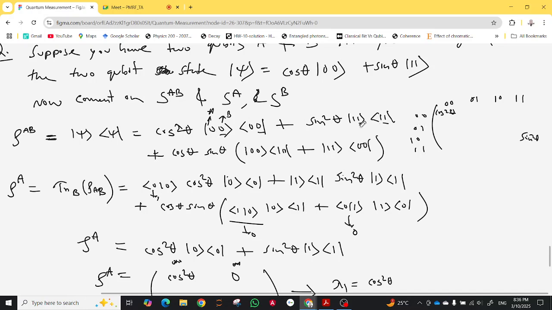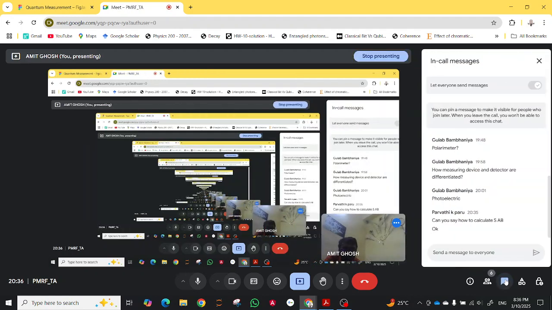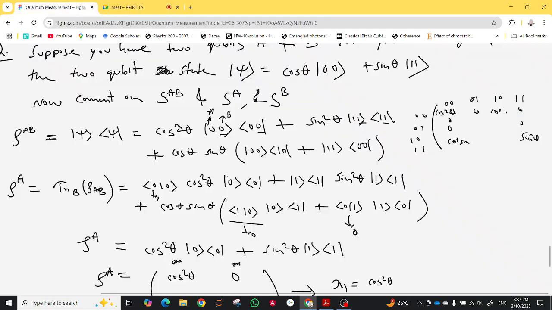And this 0 0 1 0 is cos theta sin theta, and 1 1 0 0 is cos theta sin theta, other side 0. You have this 4 by 4 matrix, and from here you can calculate the lambda.